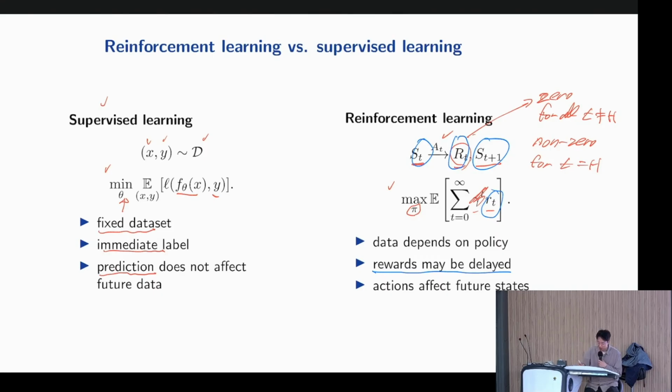So this is called the sparse reward versus dense reward. So this is another difficulty that makes RL very challenging. The reward is oftentimes sparse.